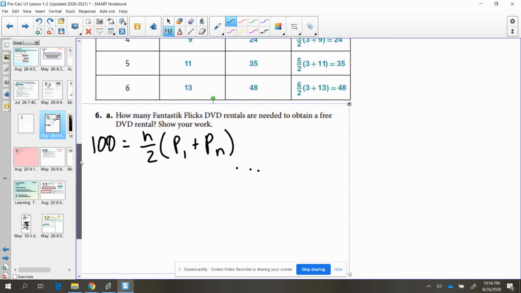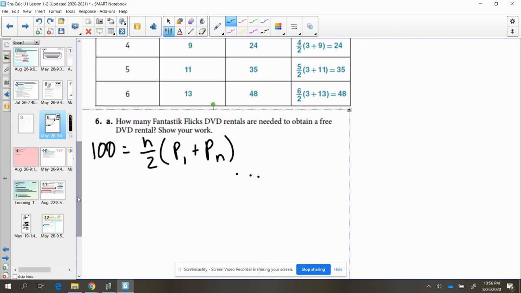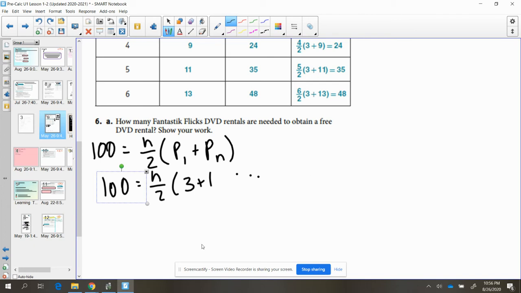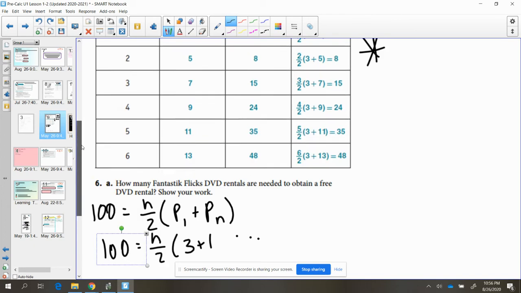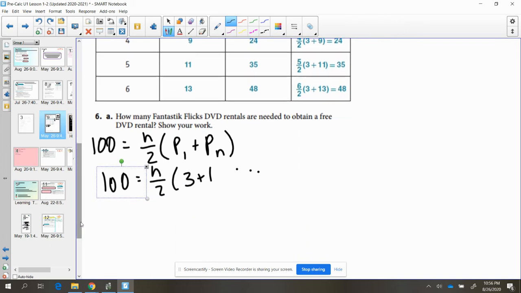So using our chart here, we know the first term was 3, okay? And we can plug that in then for p sub 1. Now, p sub n we don't know, but we do know that the rule, p sub n in general, was 2n plus 1.